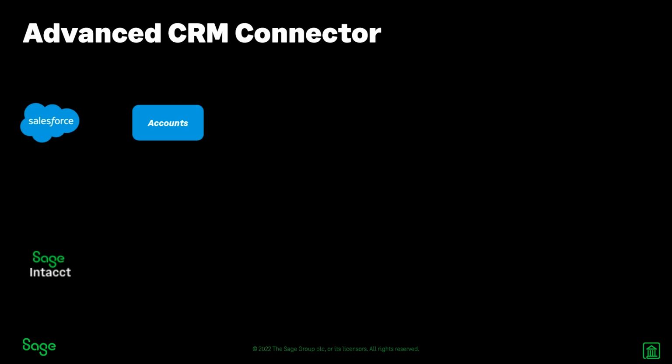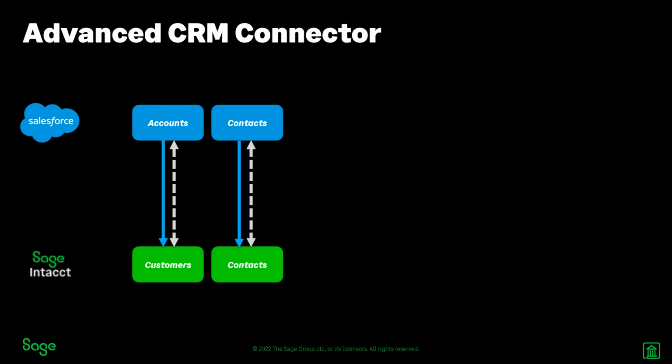We've worked with the likes of HubSpot, Dynamics and other CRM solutions as well. In terms of this Salesforce integration, it works by integrating the common objects between the two, for example accounts and customers, and it's possible to define which direction the integration is driven, what the source is, and whether it's one way or two way.